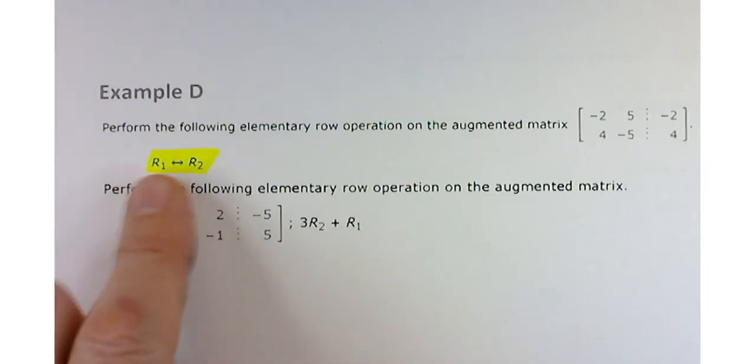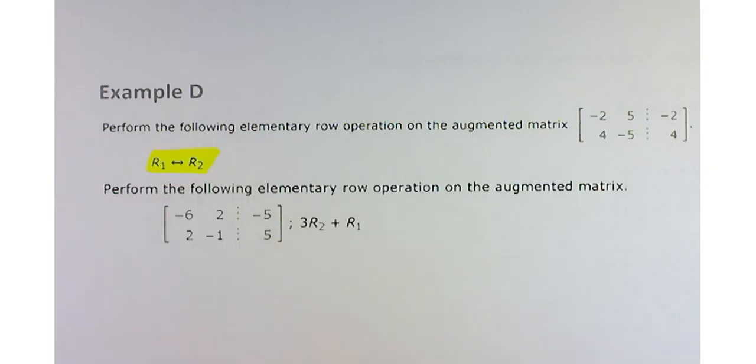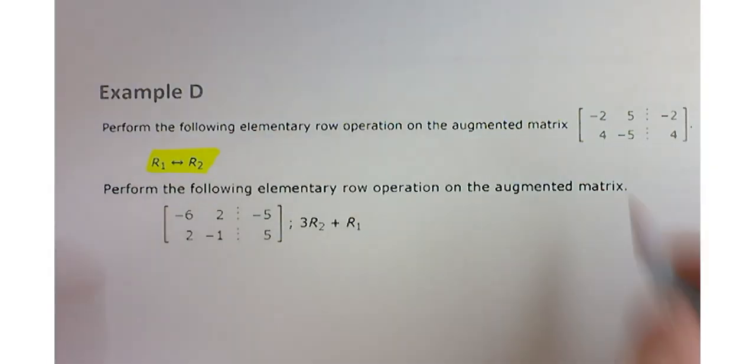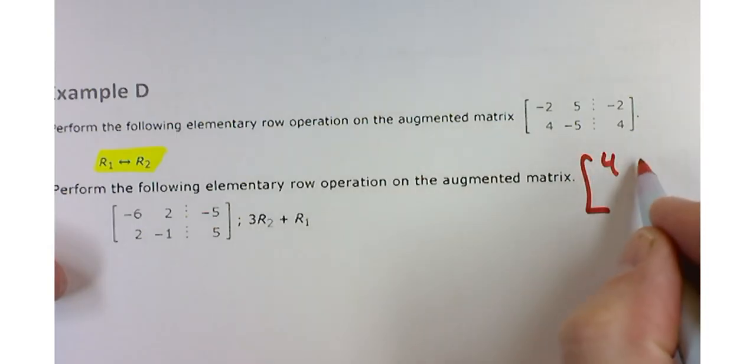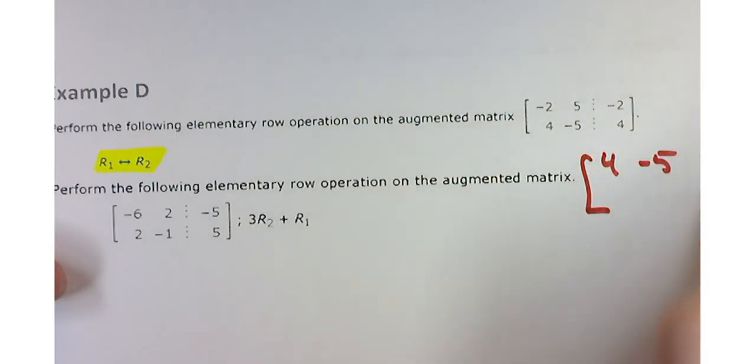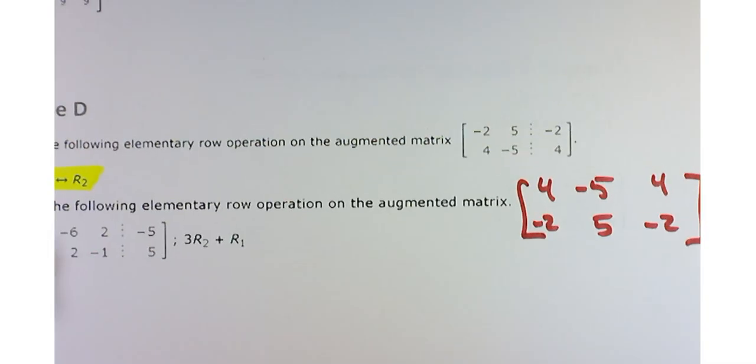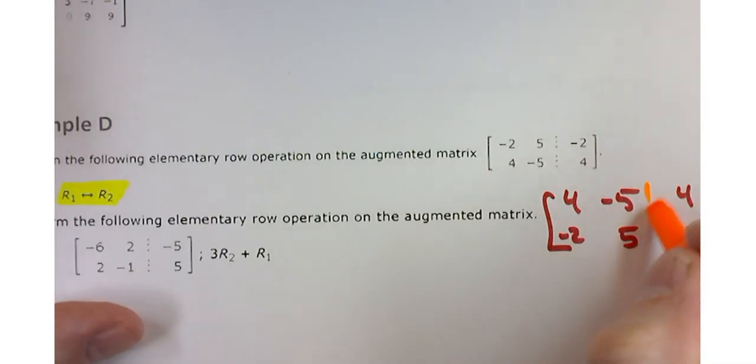So you're going to switch row 1 for row 2. Well, that's pretty easy. So that's going to be 4, -5, and 4, -2, 5, and -2. And that's all they're looking for you to do with that first part.